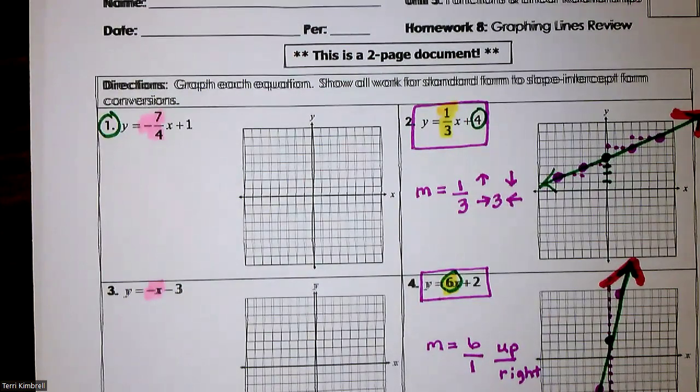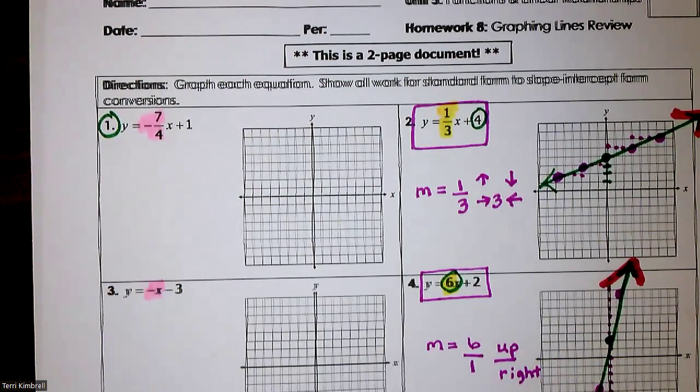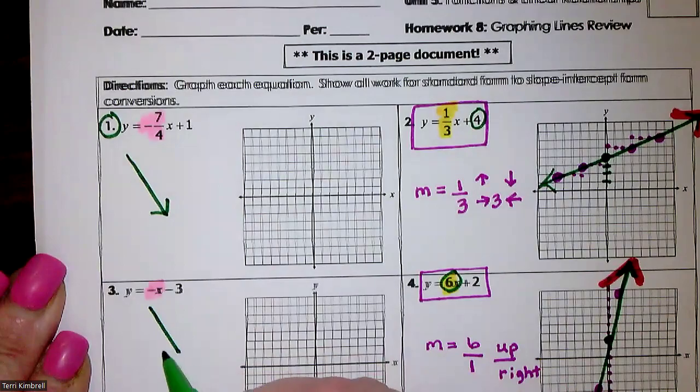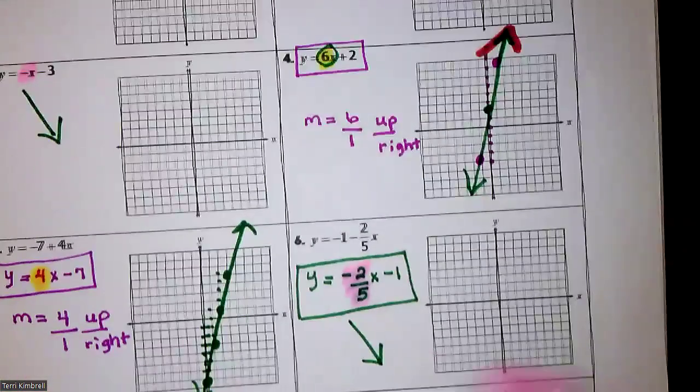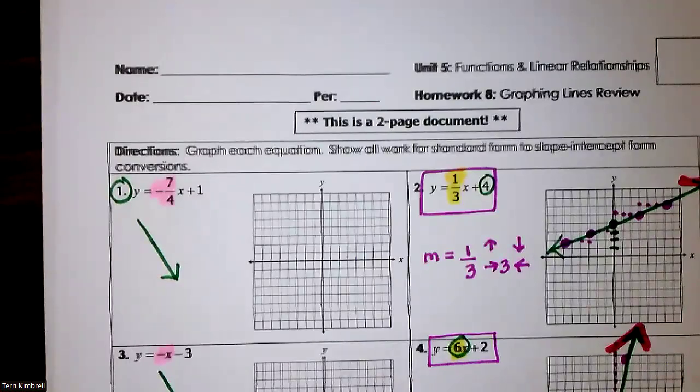Okay, as you're coming back, I want you to check 2 things. Check and make sure that your lines are going down, because they should be going down. Make sure all 3 of those are going down, and make sure they're touching the y-axis at this point. Okay, so check that for me.